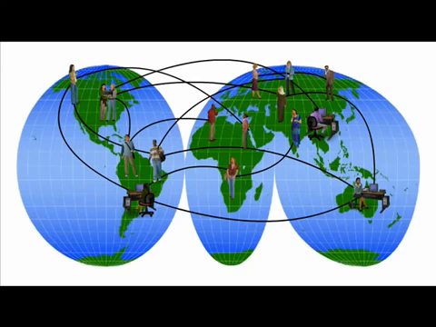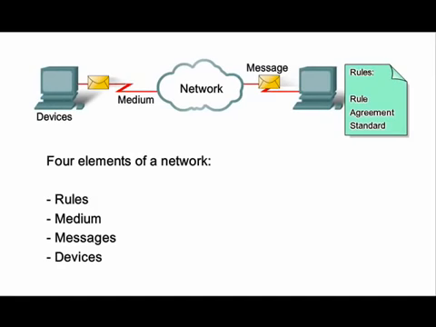They all have common rules that determine how messages are sent, directed, received, and interpreted. They all have messages or units of information that travel from one device to another, and they all have a way of interconnecting these devices. This diagram shows the basic elements of a typical network, including devices, mediums tied together by rules that work together to send messages.